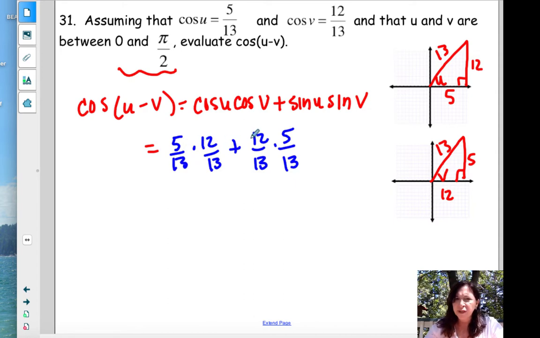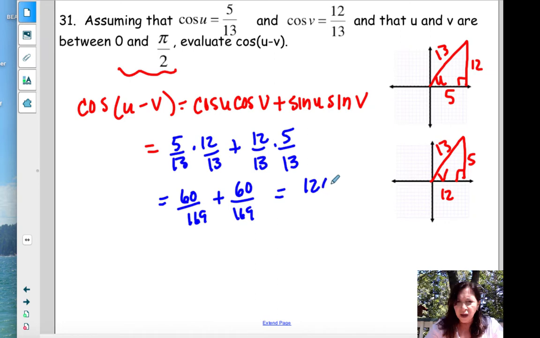We have 12/13 for sine, opposite over hypotenuse. So for this problem, all we have to do is multiply 5 times 12. That's going to be 60/169, plus another 60/169, and so that's going to equal 120/169.